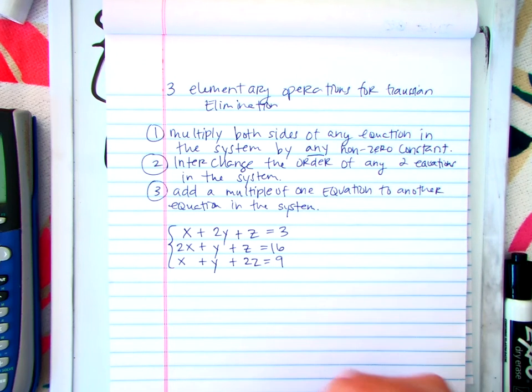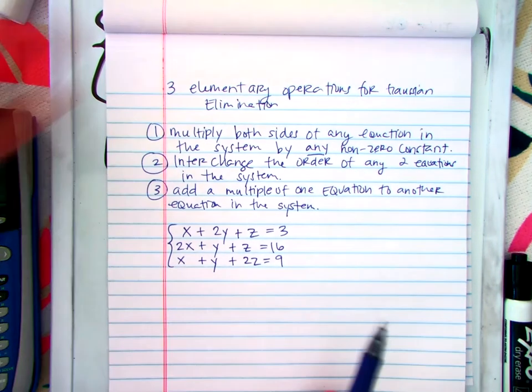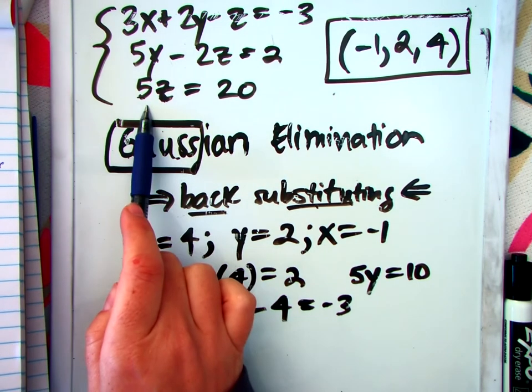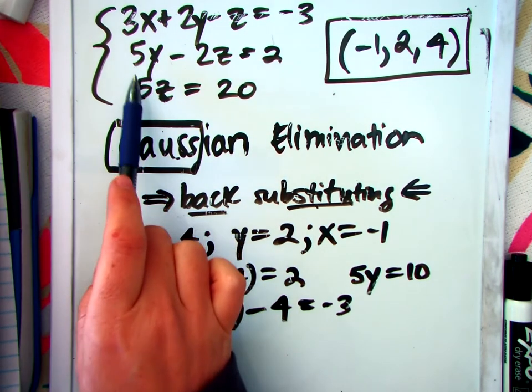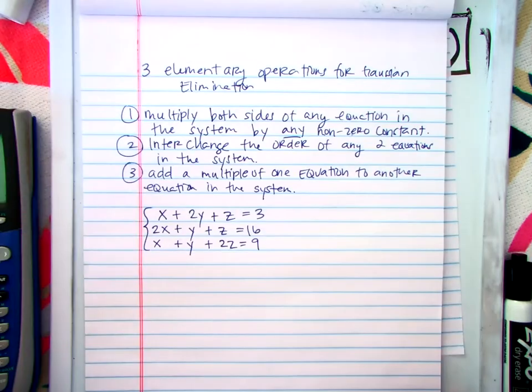So the first thing I'm going to do, my focus is going to be on eliminating x from the second two equations. If you look at the previous example, it was missing x from both of these equations. That's one of the goals. So let's eliminate x from those two equations.